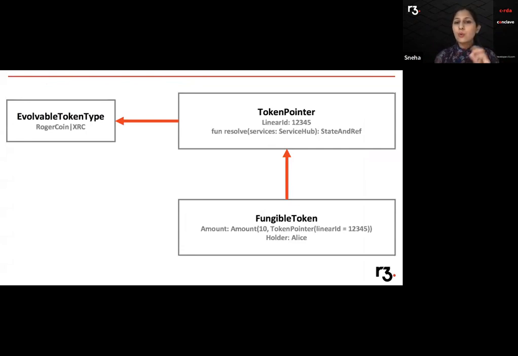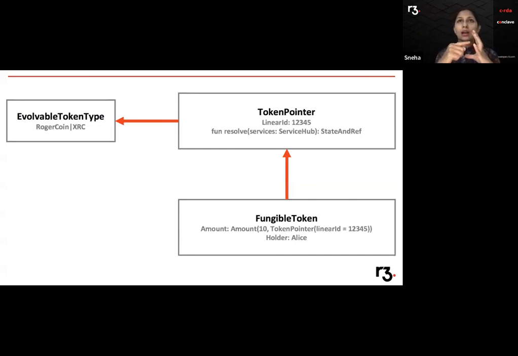Now we saw how we can use the evolvable token type to define an asset which changes over time. We've also seen how to define tokens on top of this, which can be fungible or non-fungible. When it comes to linking them together, embedding a state directly in a non-fungible or fungible token state doesn't make sense, because you would have to perform a token update to change the underlying token type.